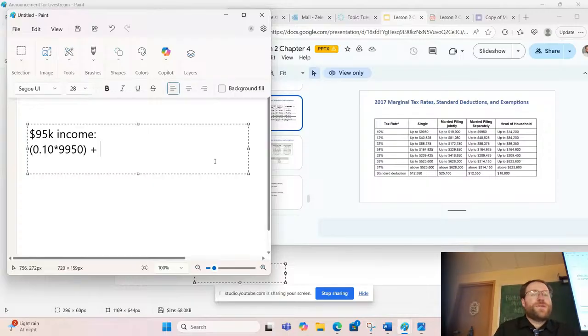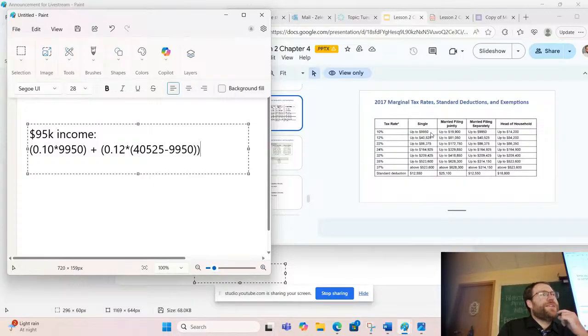We're going to keep going up through the next bracket, right? So 0.12 times whatever 40,525 minus 9,950 is. That's just because we can subtract that from the last bracket.